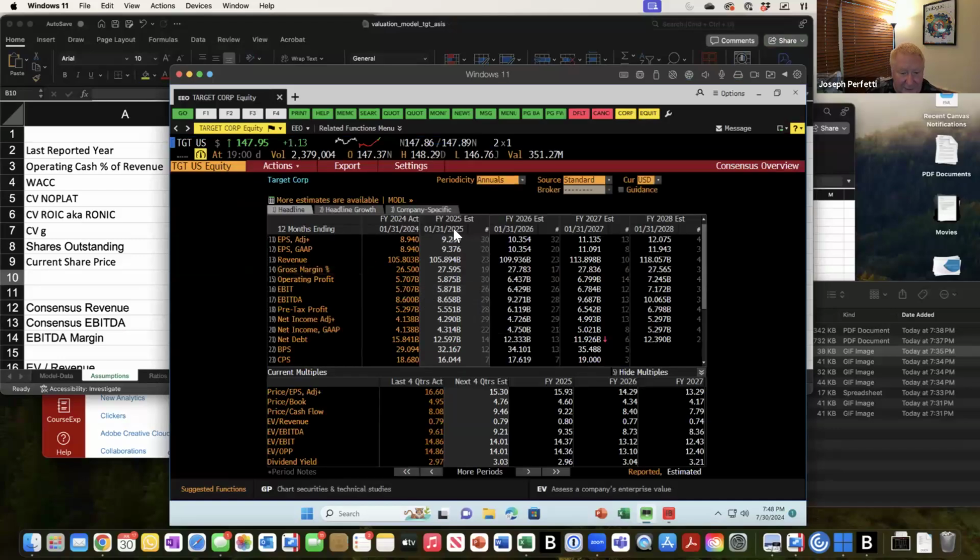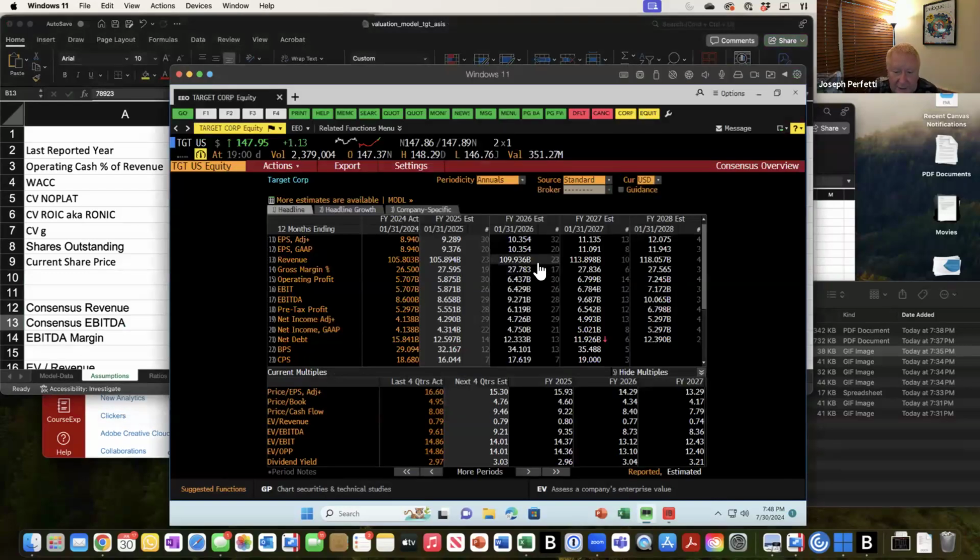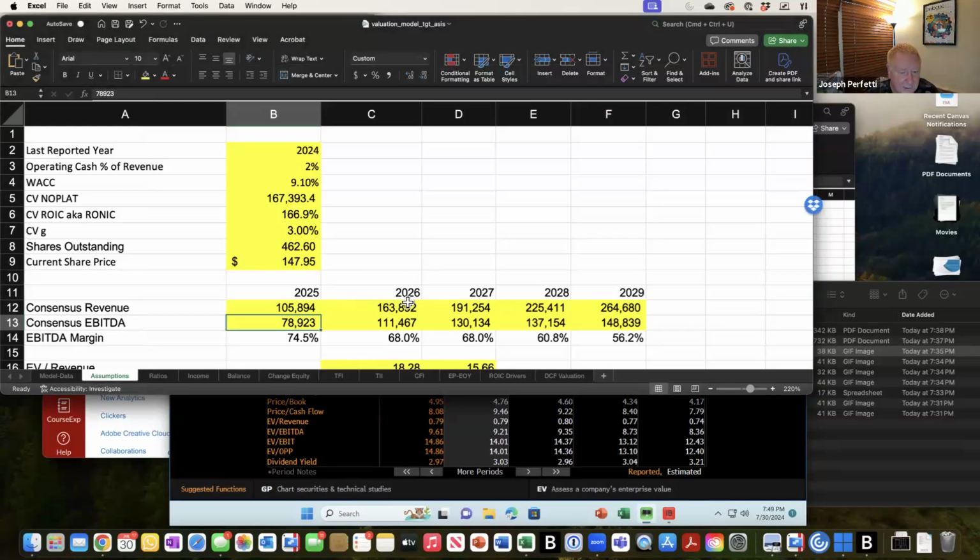revenue for the next 5 years, starting year one, 105,894. Year two, 109,936.